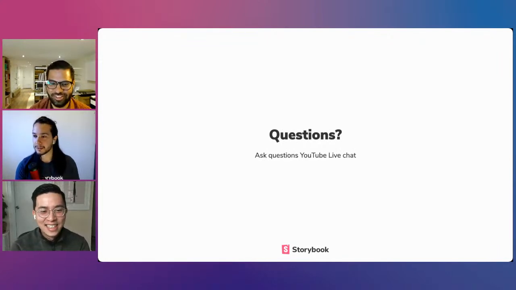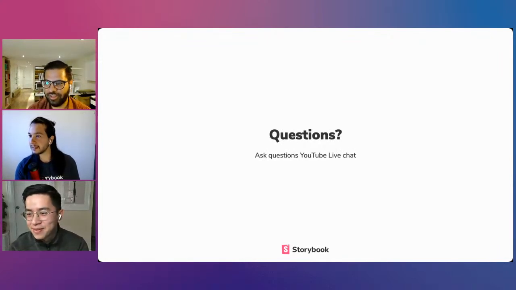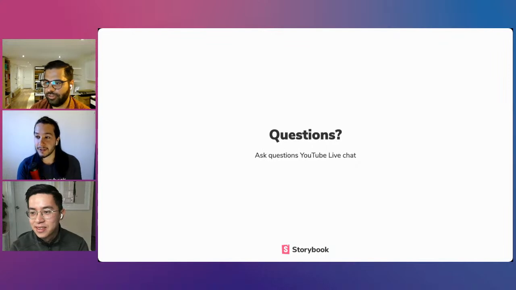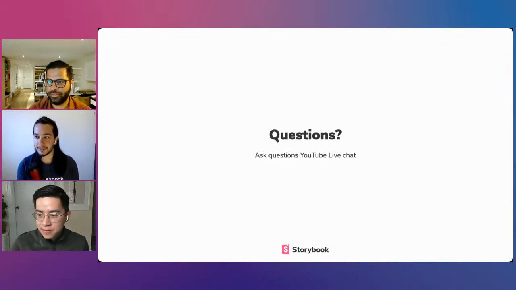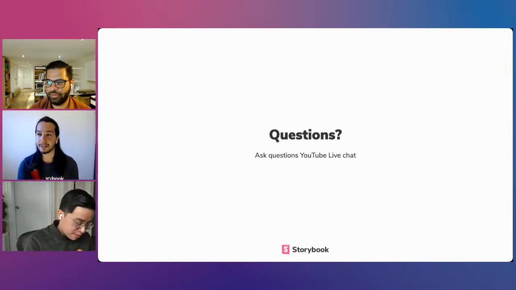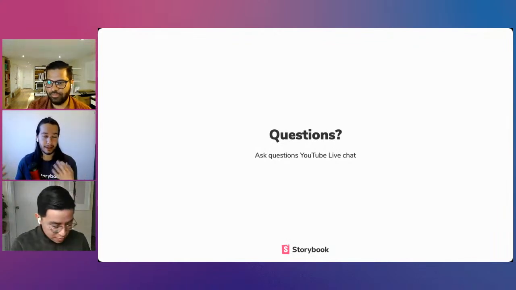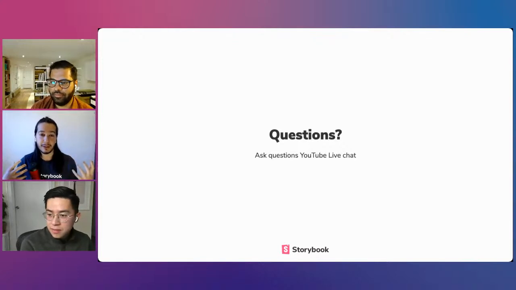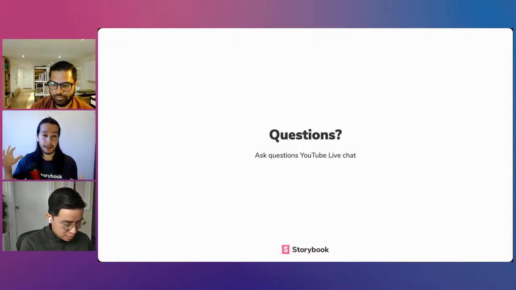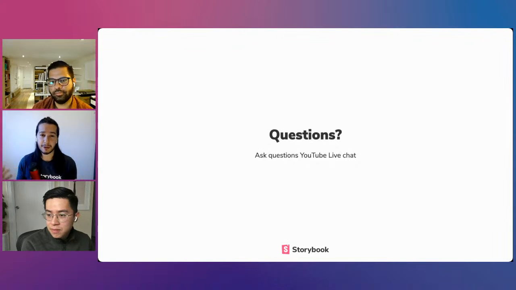Well, we do have a question from Jimmy Collin. He's asking, is there a recommended way to get existing UI tests using React testing library and mock service worker into Storybook tests? That's a very interesting question, because the idea that we brought tests from, let's say, your Jest test into Storybook was to make it simpler, so that the code itself is pretty much the same.